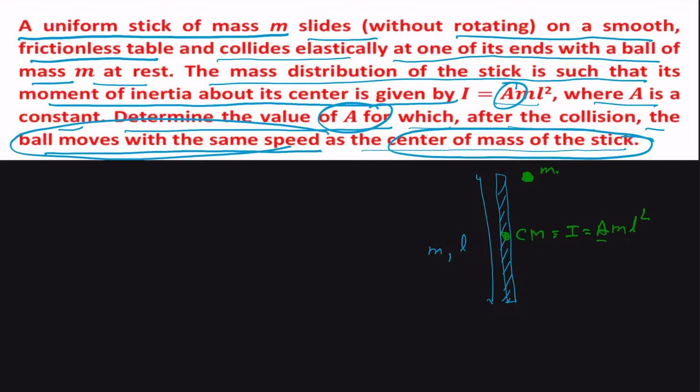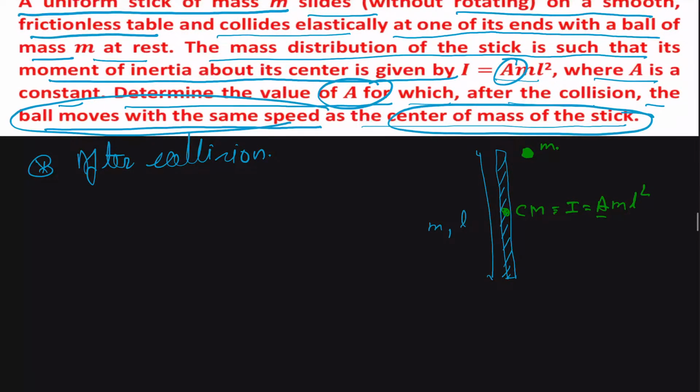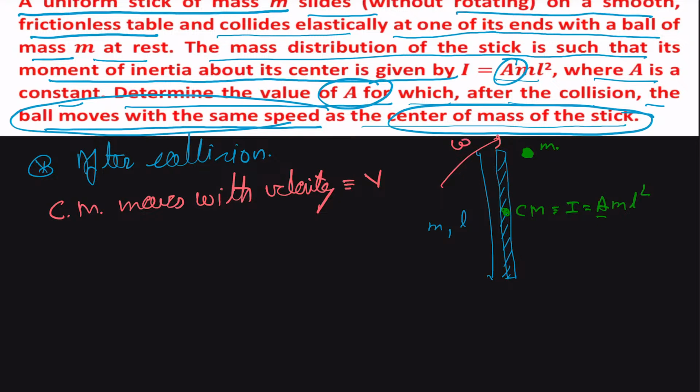So let us assume that after collision, center of mass moves with the velocity, let us suppose that is capital V, and stick is rotating, so it is rotating in this direction with angular speed of omega. Okay. And this is, mind it, after collision.